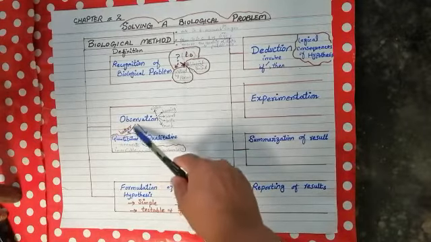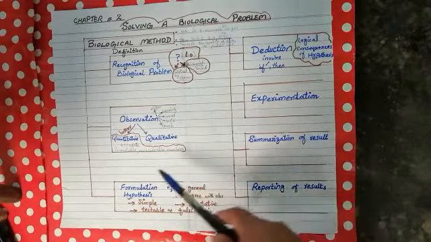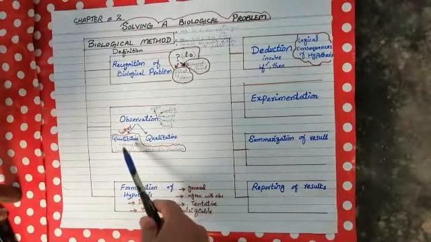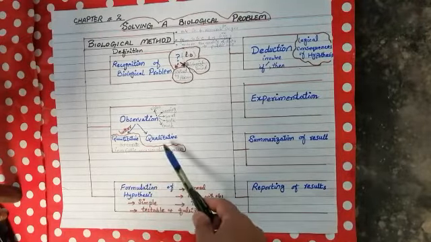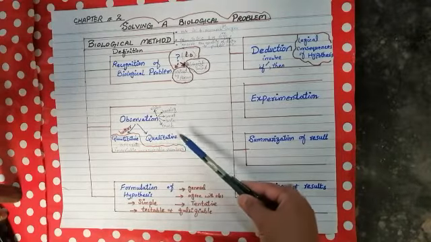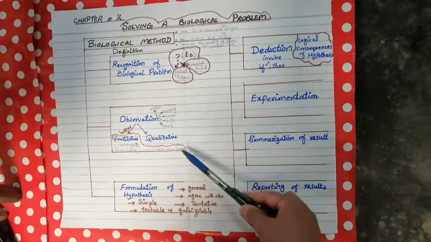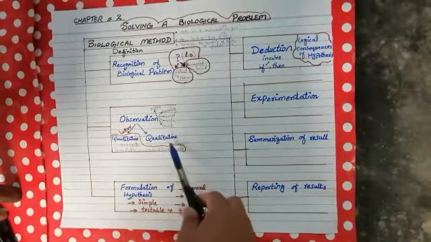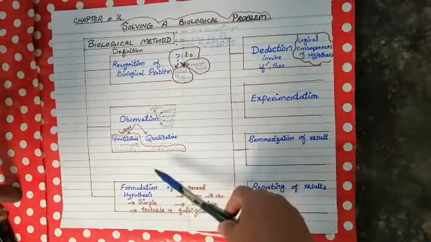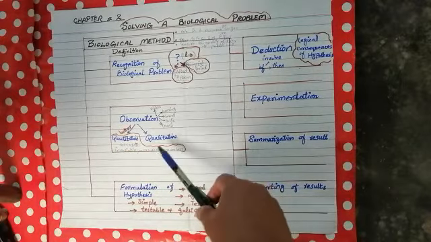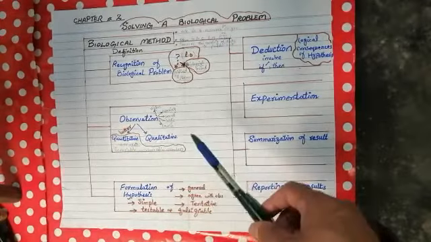So that is a much better observation. And if we say 1 liter of water has 1000 milliliters, 1000 grams, and if we say 1 liter of alcohol has 786 grams, then it is a quantitative observation because the measurement is in the form of numbers. So, quantitative observations are much better than qualitative observations.